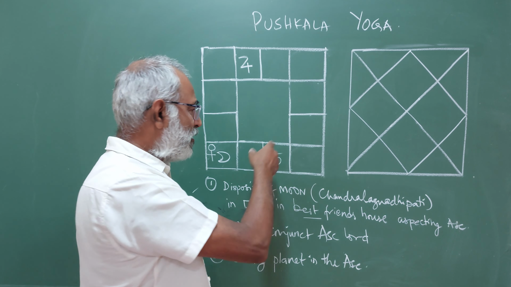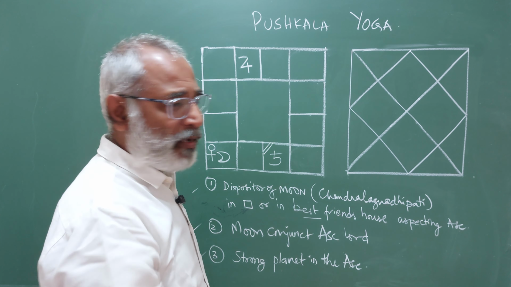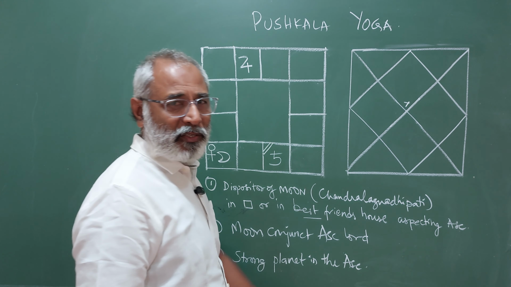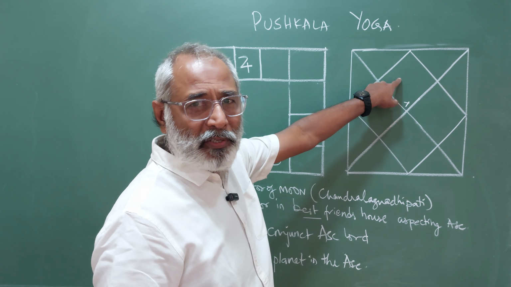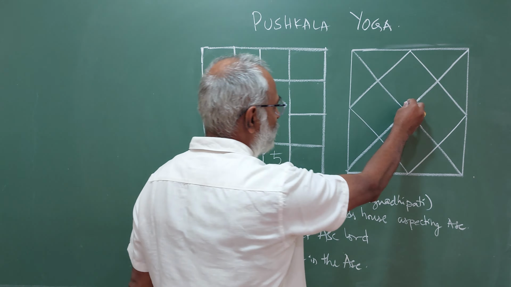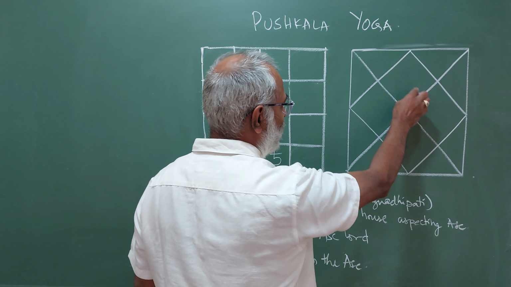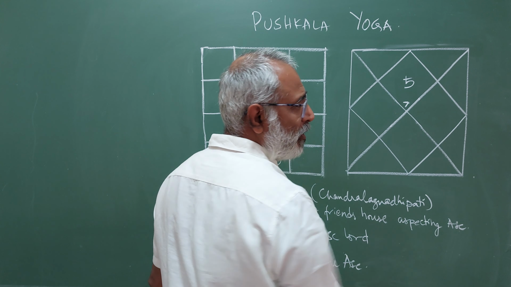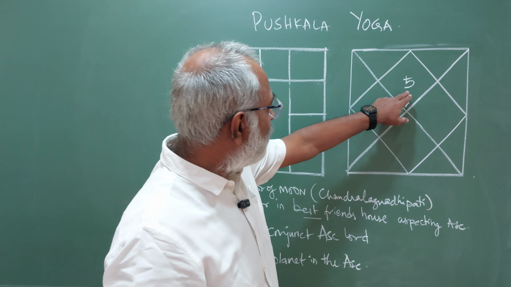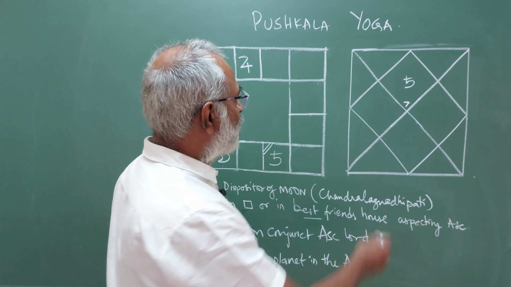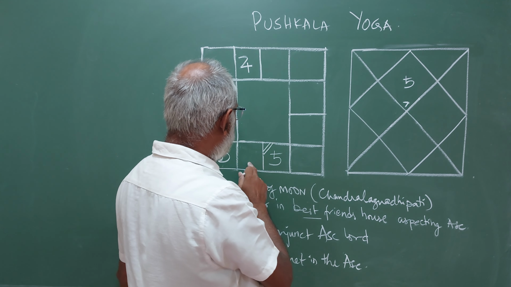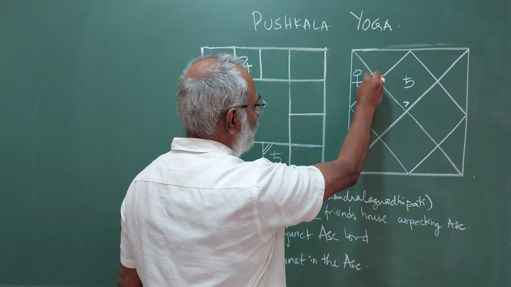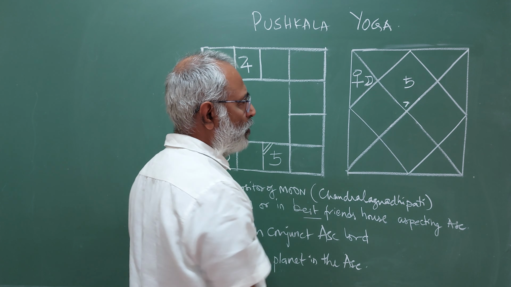Let me write the same thing in the North Indian style. The seventh house becomes the ascendant; the ascendant always comes in this particular house. If I put 7 here, that means it is Libra ascendant. In Libra ascendant, I am positing Saturn there, and from there 1, 2, 3, we have Venus and Moon.